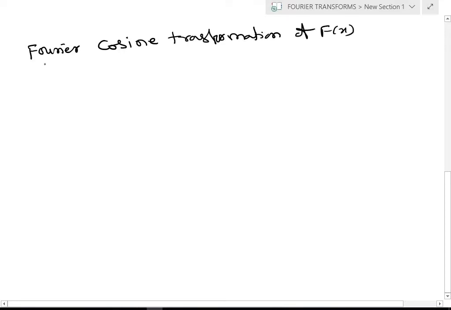Now we'll see the Fourier cosine transformation of f of x.